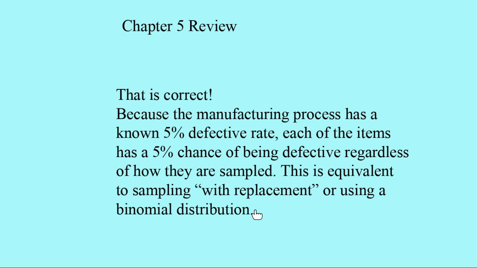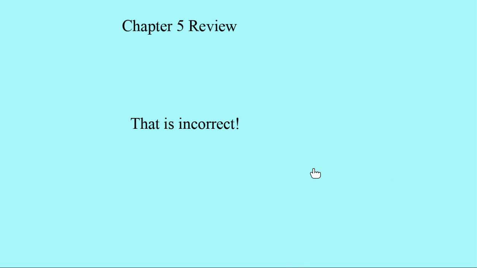So every time you do it, there's always a 5% chance that whatever they're making is defective, which is the binomial. There's success or there's failure. 5 out of 100, it's going to be defective. But you got it. I guess your bones were working properly.